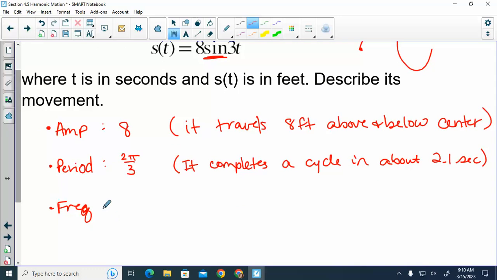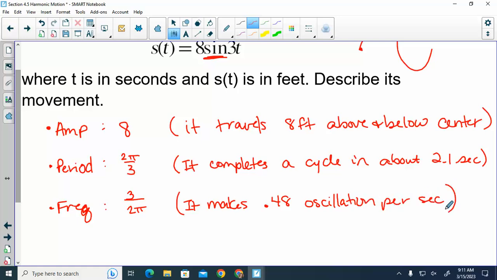Frequency is just the reciprocal of period. So this would be 3 over 2 pi. Okay, so if you divide those, you get about 0.48. So it makes about 0.48 oscillations per second.